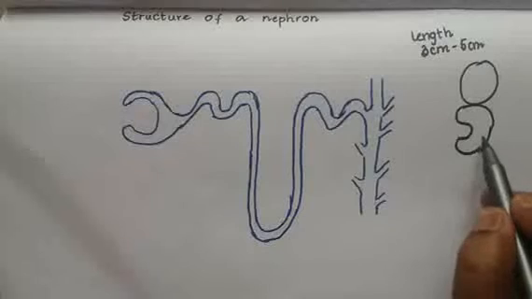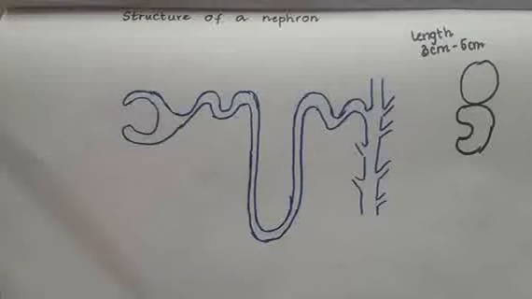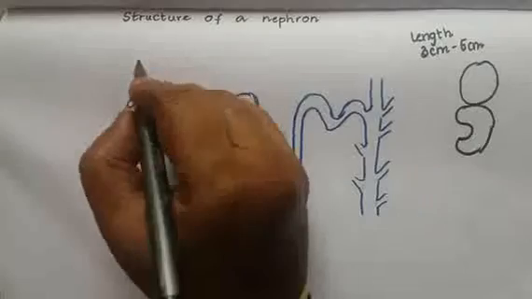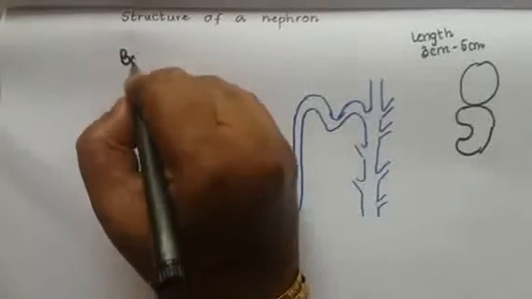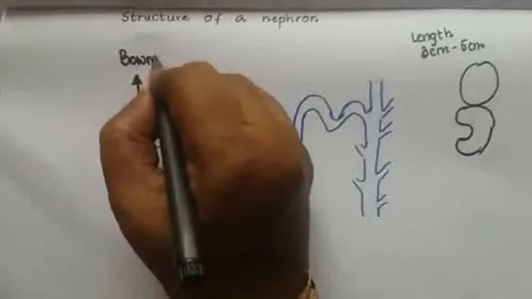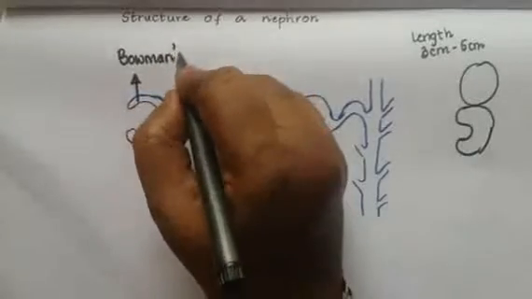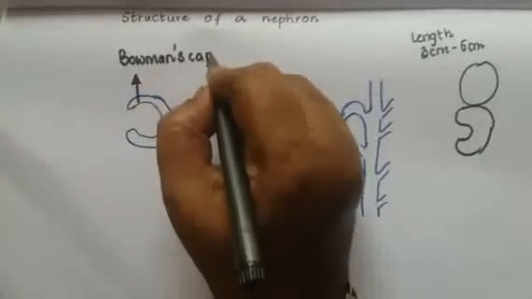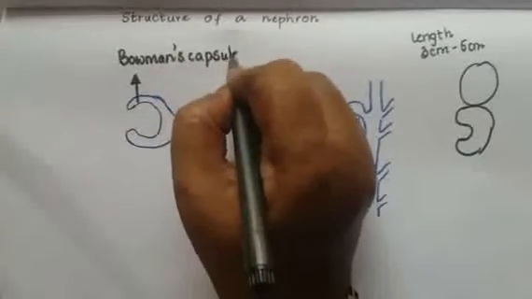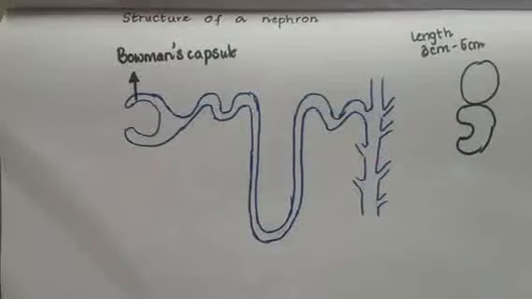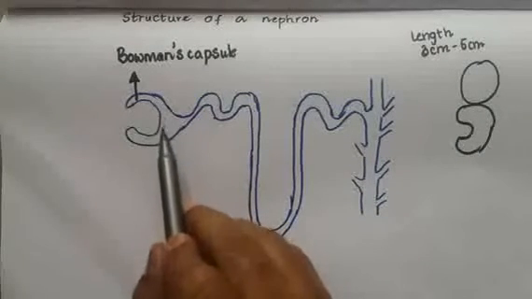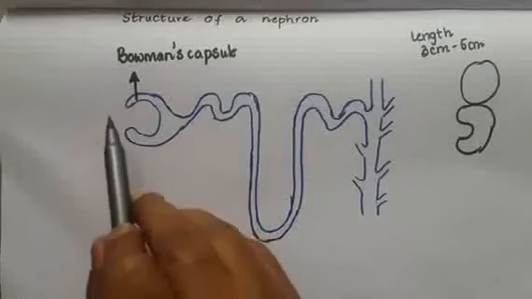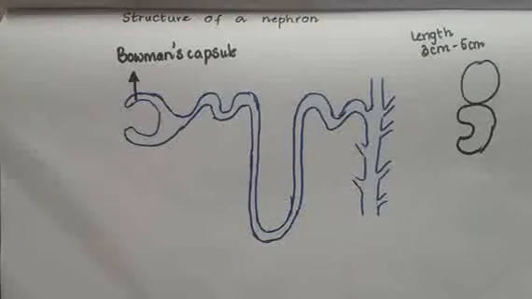This structure we call a Bowman's capsule. So the first part of a nephron is known as a Bowman's capsule, which is a cup-like structure which has a concavity.